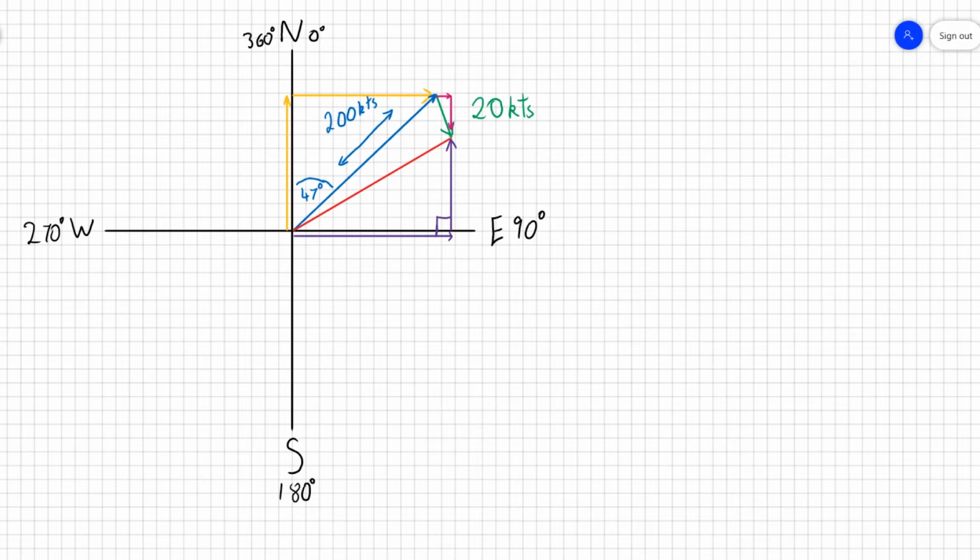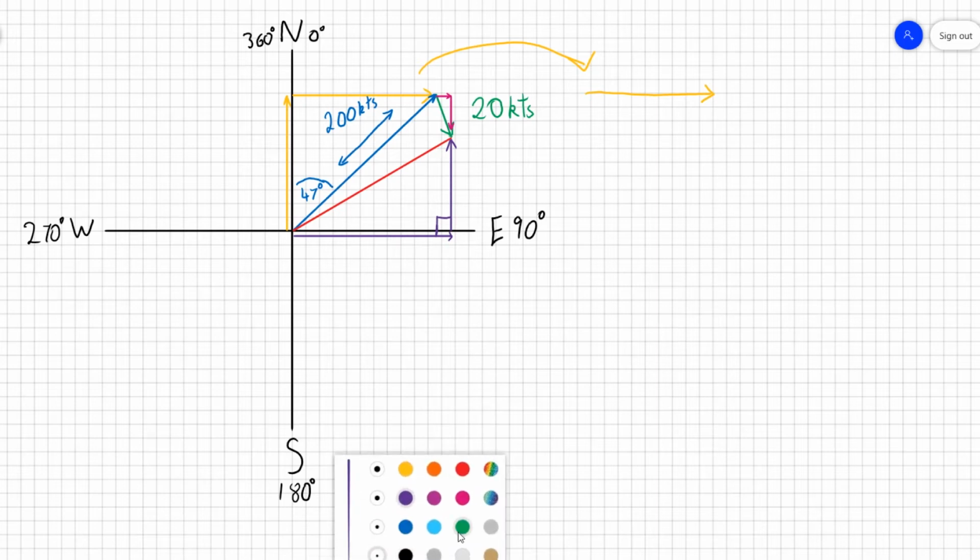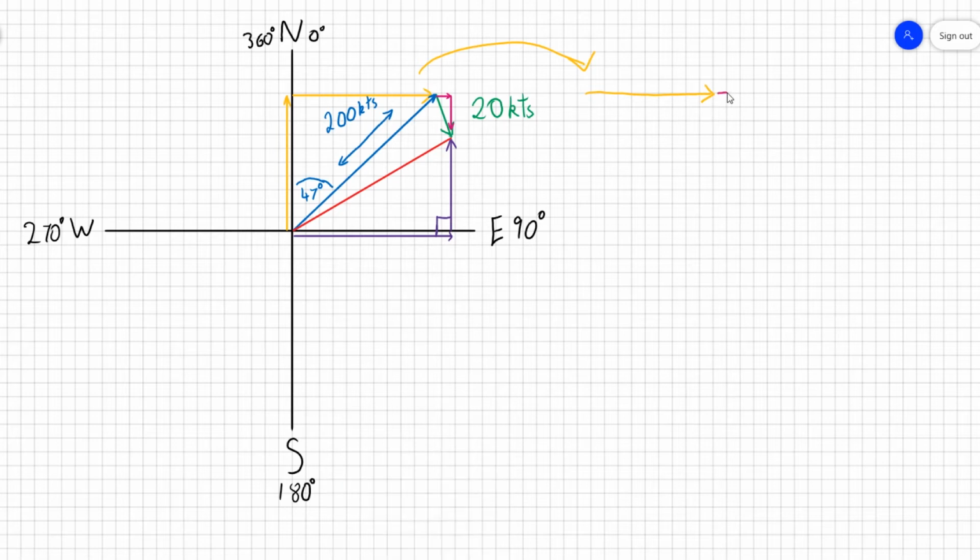So essentially what I'm going to do is, along the top, I'm looking at that line there plus a little bit more of that one there, which is these two vectors up the top.